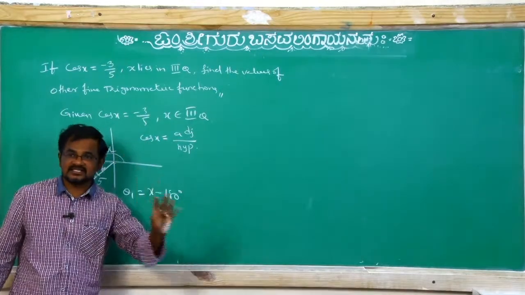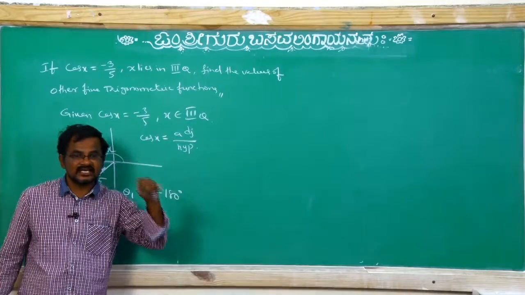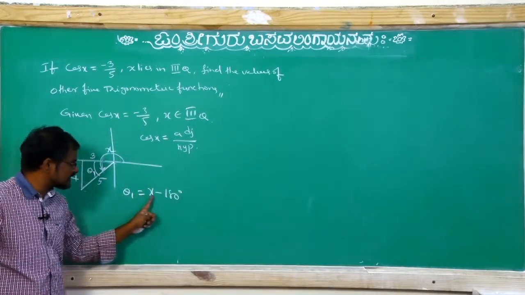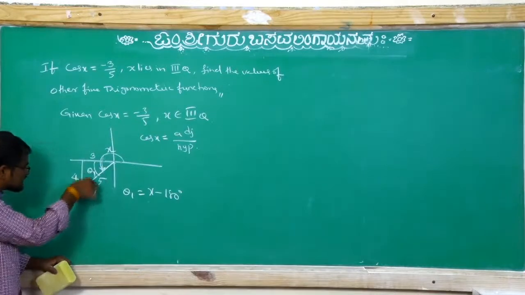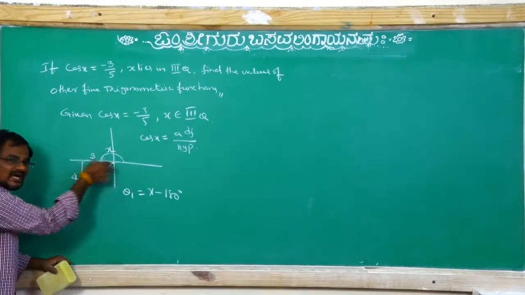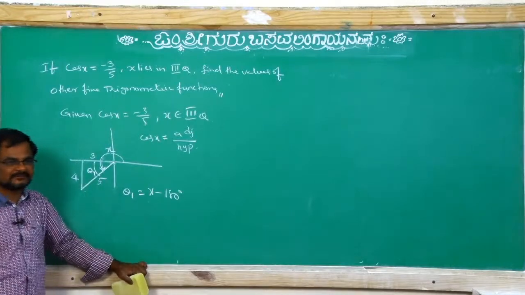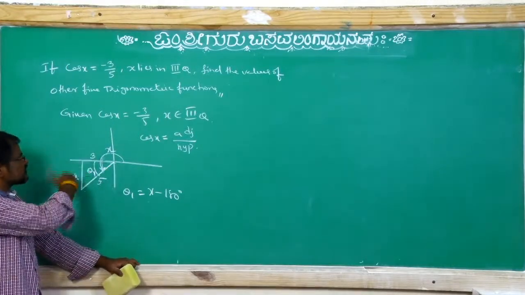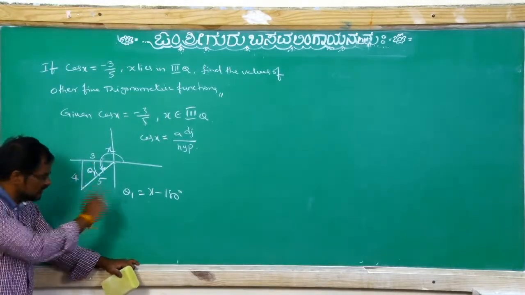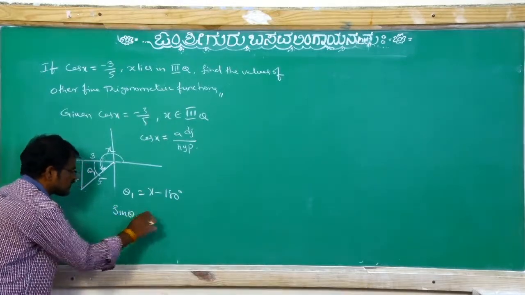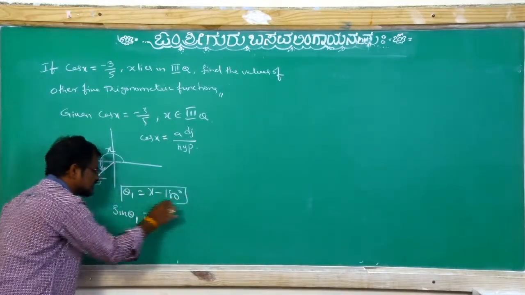Okay. Now apply what you want. Sin x, cos x, tan x, cosecant x, secant x, like that you want. But theta equals what? For this one only, this is opposite, this is hypotenuse, this is adjacent, not for this one actually, if you follow reference method. But generally you will take opposite, adjacent side, we won't observe. Like this you have to follow. Now if you apply sine theta 1, this is the reference angle, right?